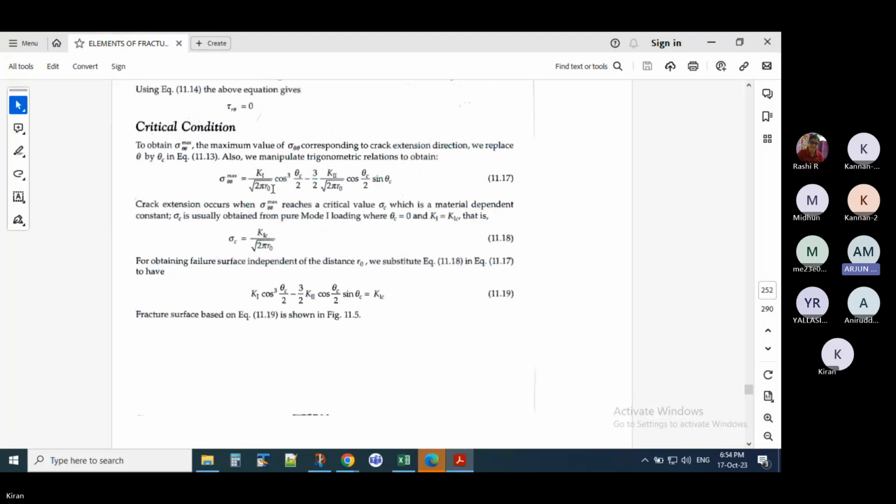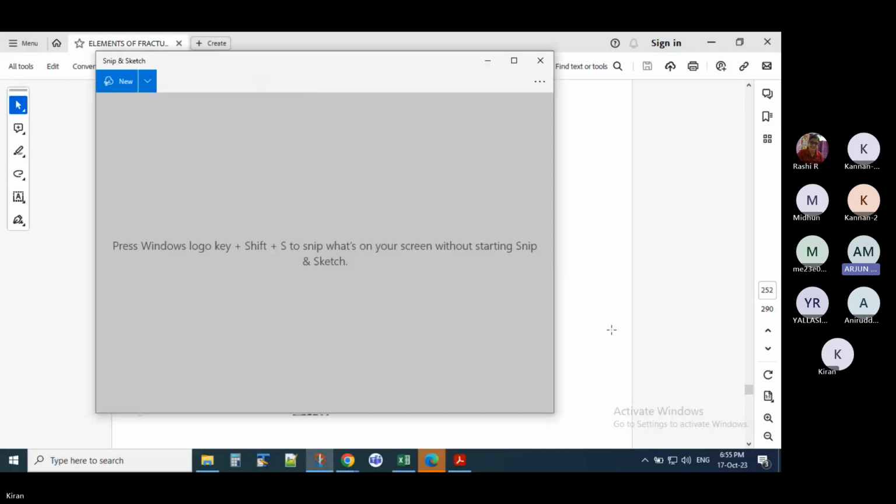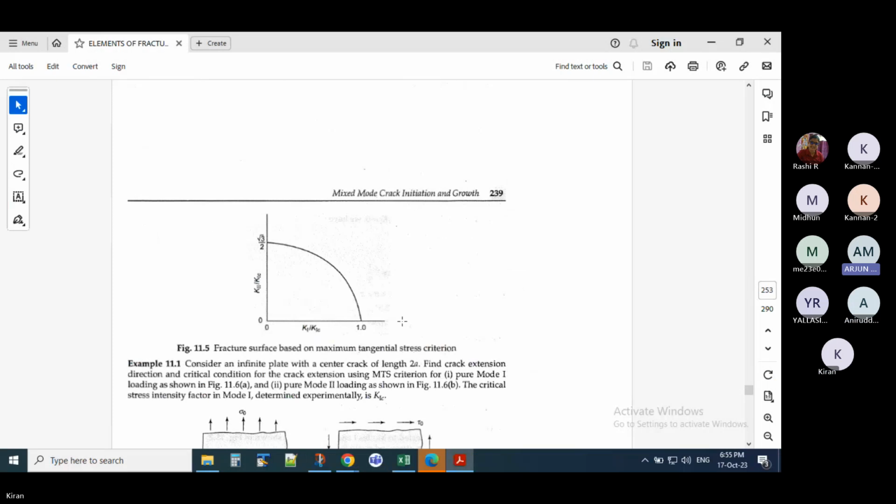That's what you have to see. I had gone through many textbooks because I had the same issue. R naught is there when you have a radius from the crack tip to a particular point which you want to find out. We take the crack tip as the origin and want to find the displacement or stress field at a radius away.